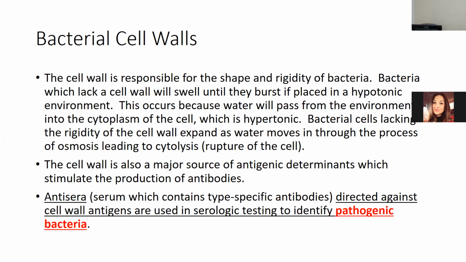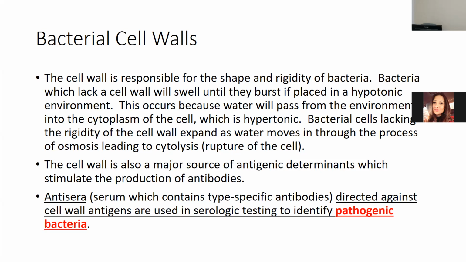An isotonic solution would be equal water and stuff, and that's what we see with saline. When we do saline in blood bank coming up in the spring, you're going to hear a lot of talk about saline. Saline has salt and water, and it keeps the cells from doing what? Swelling or popping or crunching down and shrinking. The cell wall is also a major source of antigenic determinants to stimulate the production of antibody.